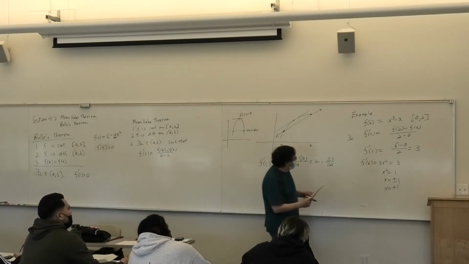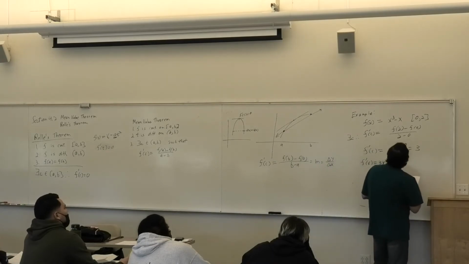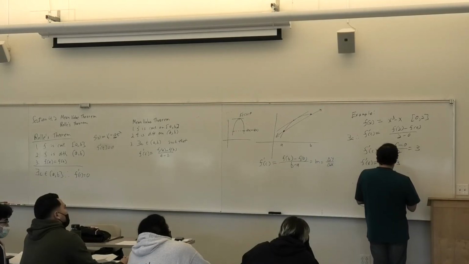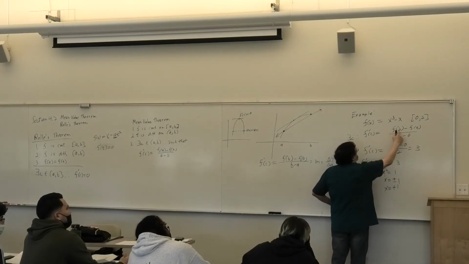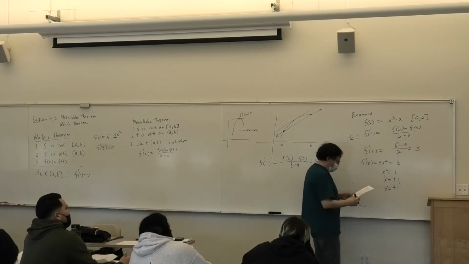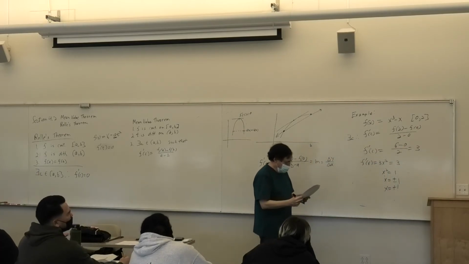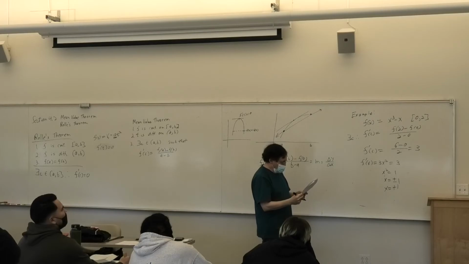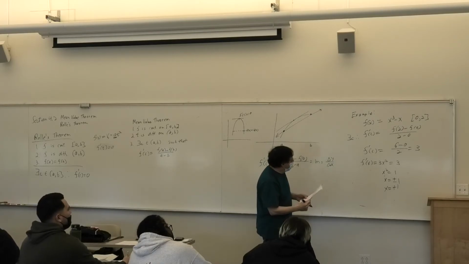I think I did something wrong. Where did you get the 6? I plugged 2 into here. Oh, okay. 8 minus 2 is 6. Yeah, according to my instructions, I made a mistake. It's 3x squared minus 1 for f prime of x.